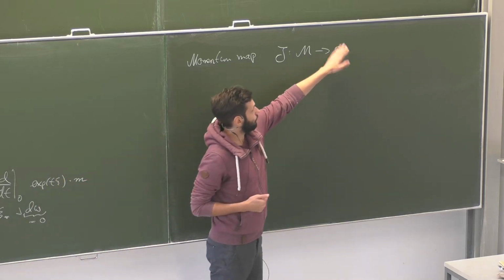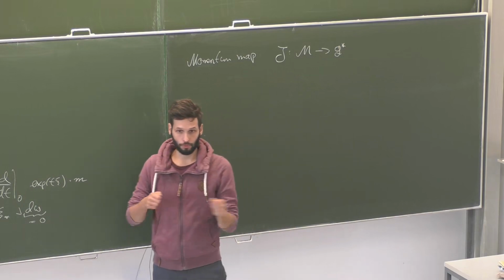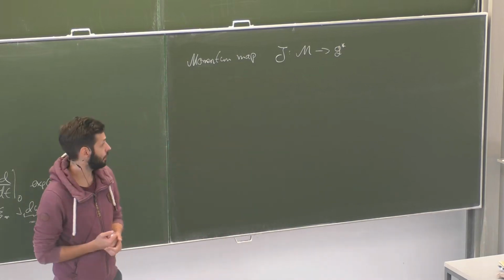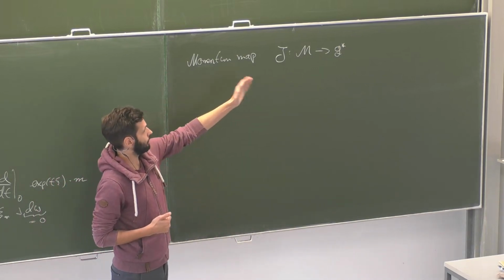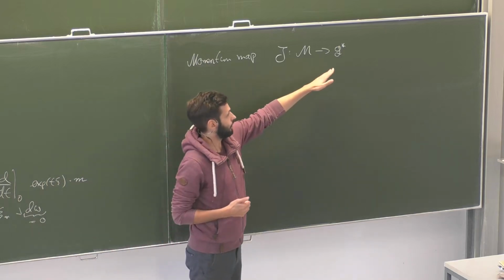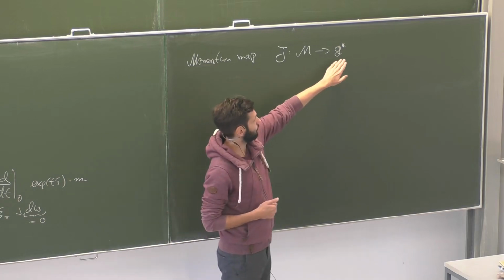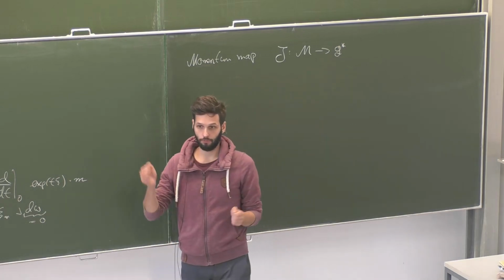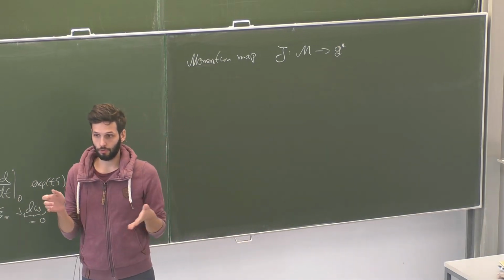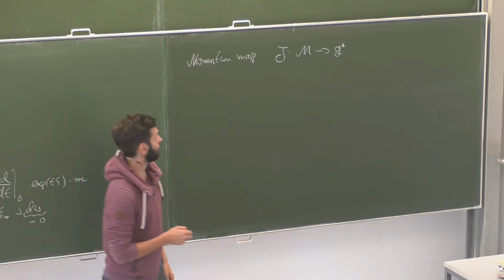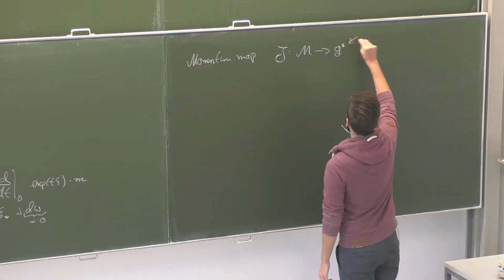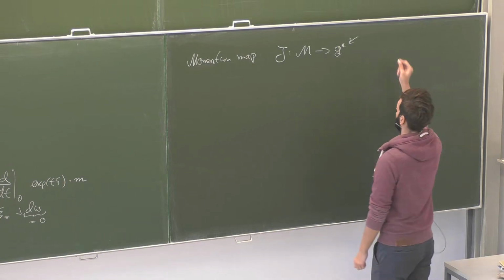So if you choose the full distributional dual, then you usually never have results that the tangent map is surjective. So you usually choose this to be some subset of the full dual, and that you have to choose depending on your problem. So that's not the full dual, but it's something that is in duality to your algebra.